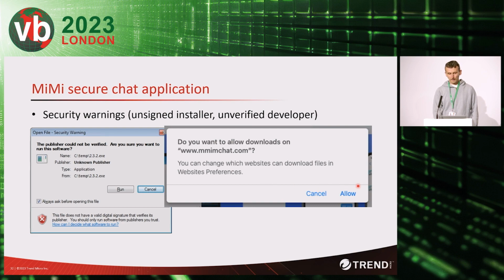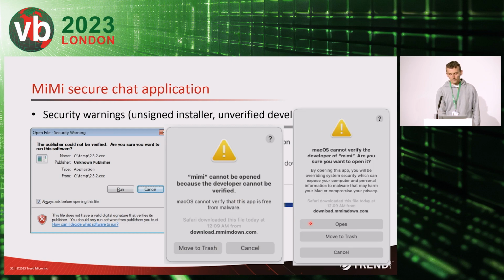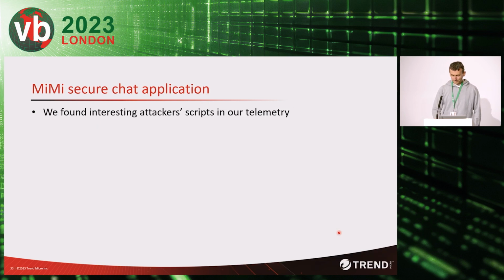The victim needs to click allow, but then it doesn't allow opening the file because the developer is unverified. So the victim needs to go to system preferences, the security and privacy tab, and allow running the file. After that, the open button appears, and then the victim gets infected. But still, people ignore all the warnings, and this is what happens.